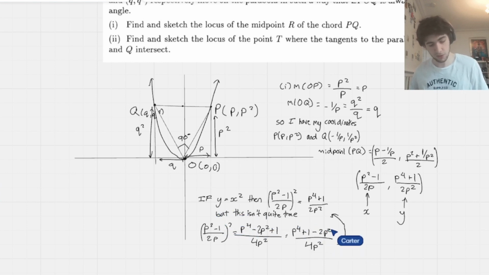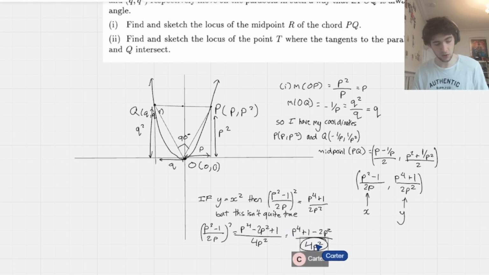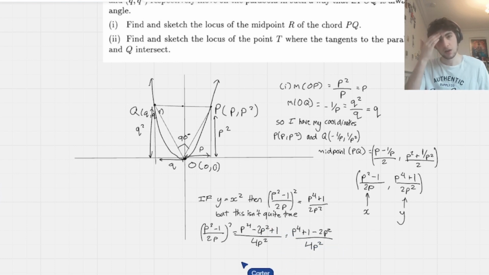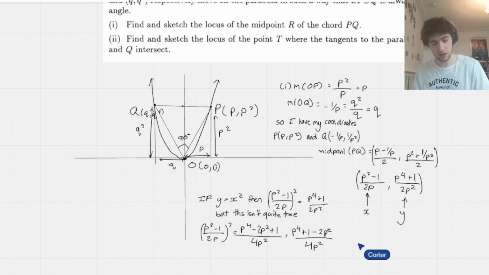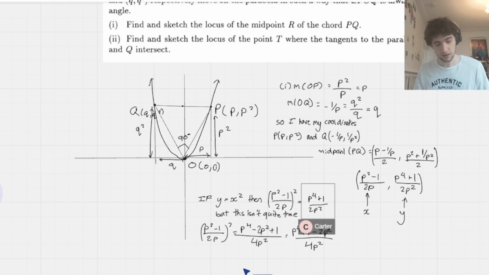Right? And if I multiply this by 2, then I can get a 2p squared in this denominator, which seems closer to what I had up here than what I have right now.